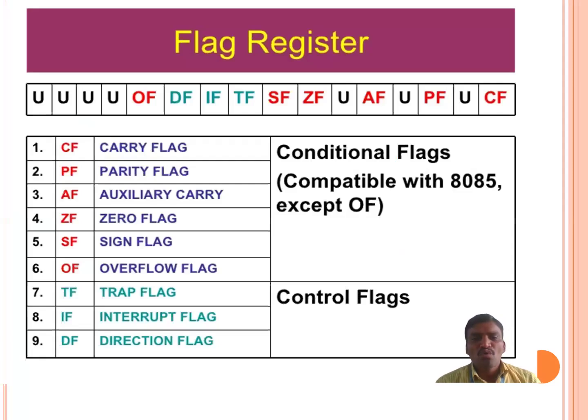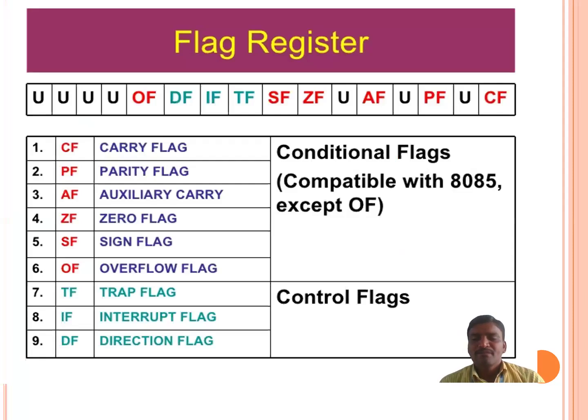The next one is the overflow flag. What is meant by the overflow flag? Whenever we perform an ALU operation between two numbers, if the result has more than 16 bits of information, then only the overflow will occur.